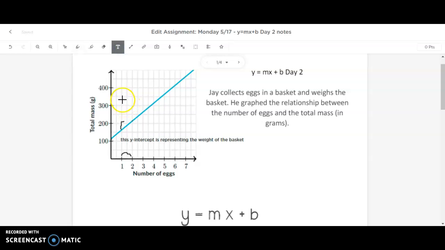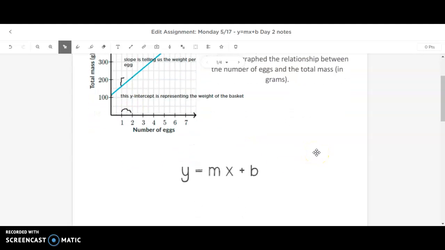So the slope that's actually here is going to be telling us the weight of the eggs. And it's actually the weight per egg in this particular case. So what we're able to see from this graph is how much the basket weighs to start, how much each egg is going to weigh, and add into the weight of the basket.